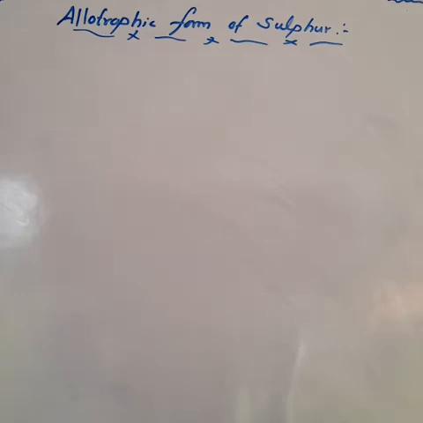Next we will learn about the allotropic forms of sulfur, the preparation of sulfur dioxide, its properties, chemical properties and uses, and structure. After this, we will learn the chemical properties of oxygen and also ozone and their uses. Okay, let us start with the allotropic forms of sulfur.